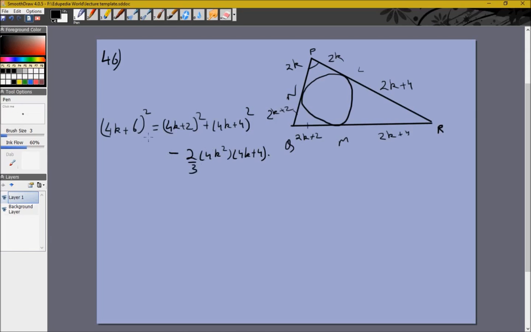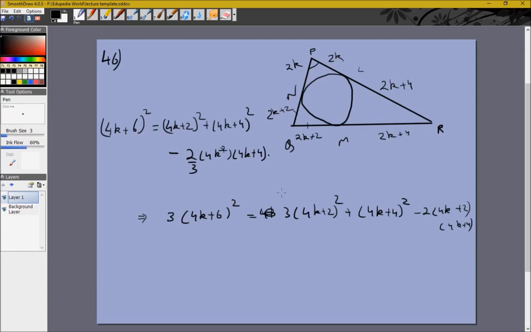We'll just take 3 to the other side, which will give us 3 times (4k plus 6) whole squared is equal to 3 times (4k plus 2) whole squared plus (4k plus 4) whole squared minus 2 times (4k plus 2)(4k plus 4).